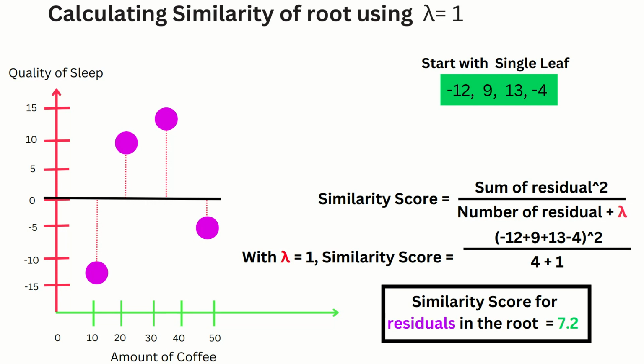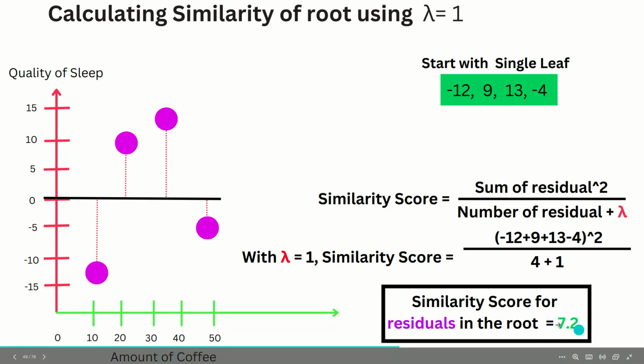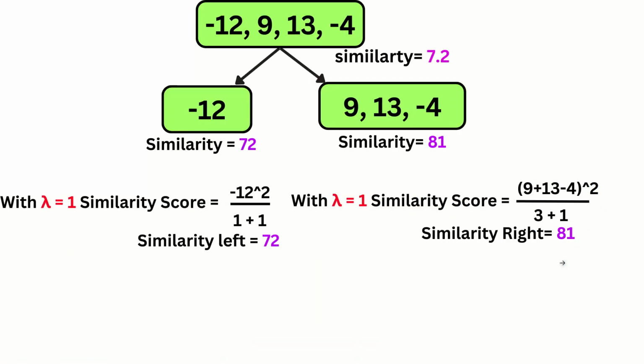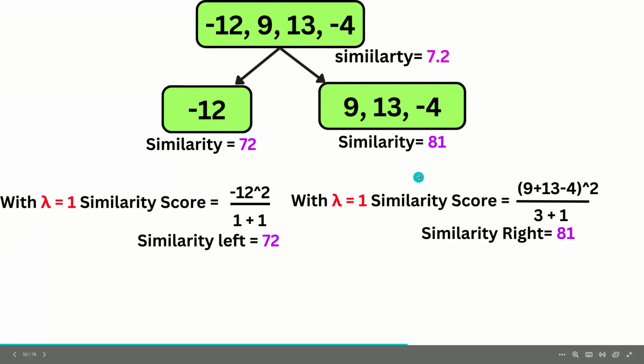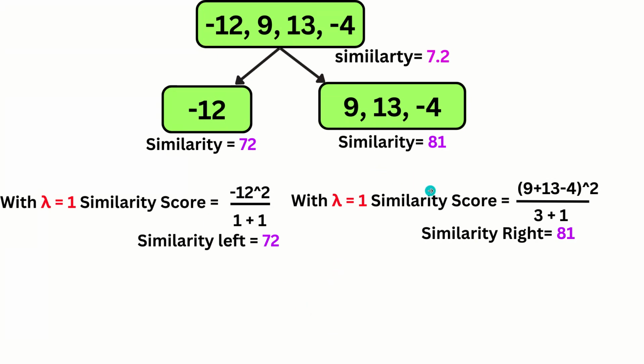We get a score of 7.2. Similarly, we calculate the similarity score of each leaf with lambda equal to 1. Here we can see the left leaf got a similarity score of 72, and the right leaf got a similarity score of 81.